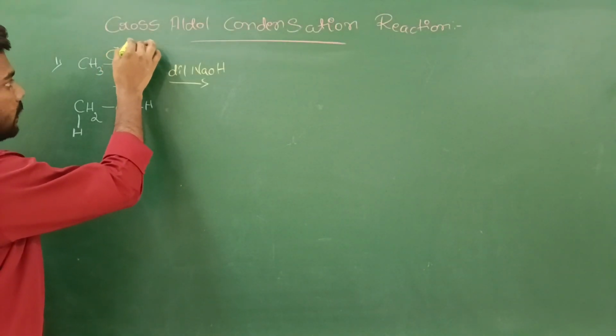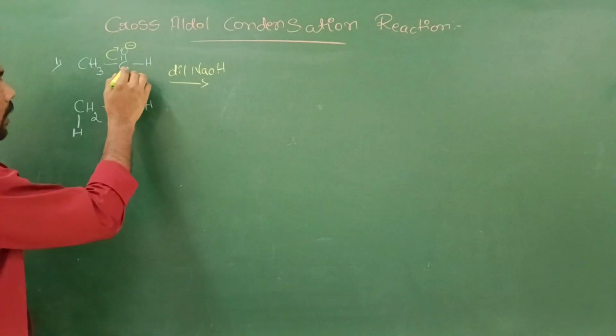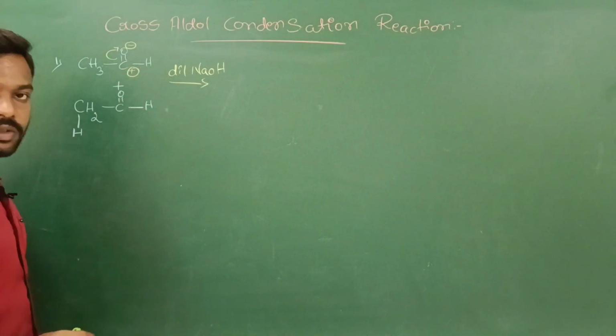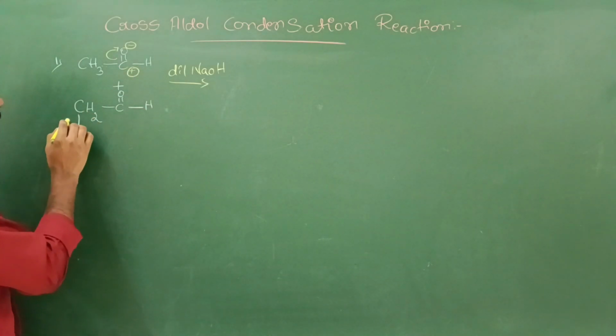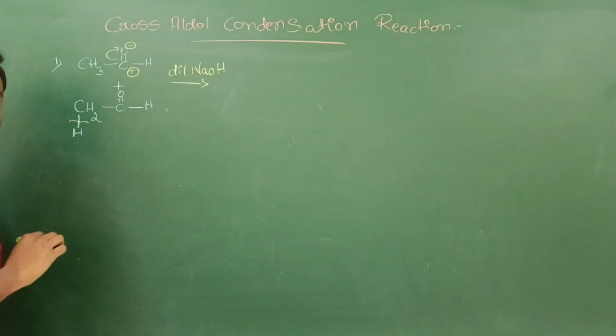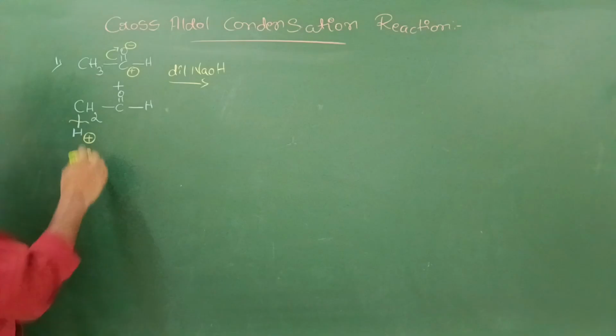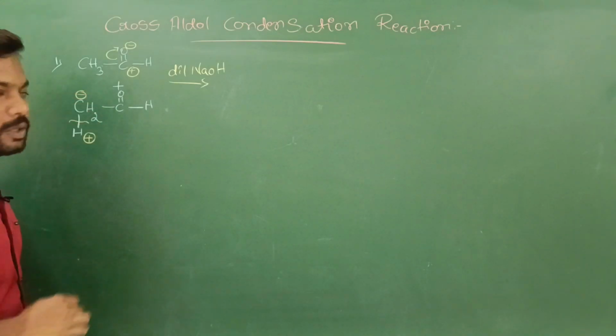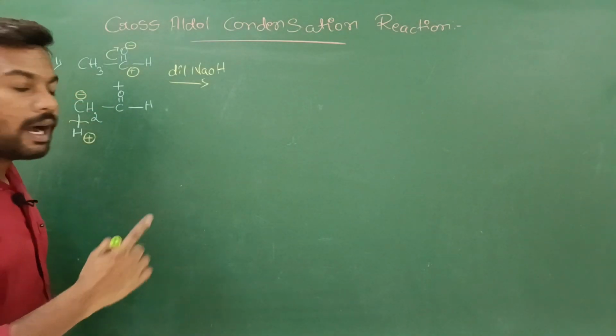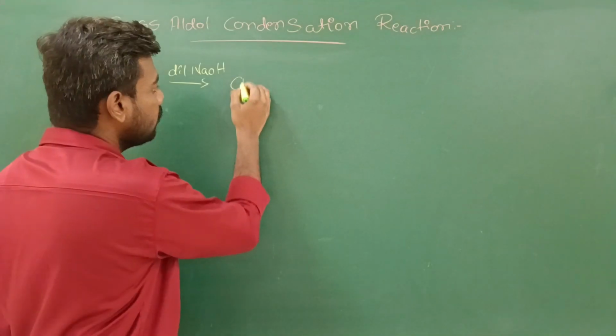This oxygen atom will carry a negative charge. The carbon atom will carry a positive charge. Here, the bond between the carbon atom and the hydrogen atom will break, and the hydrogen atom will carry a positive charge. The carbon atom will carry a negative charge to form an aldol.